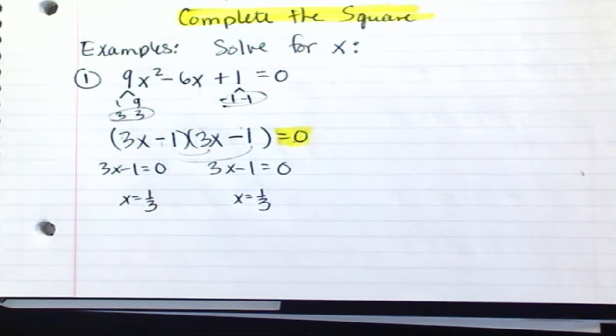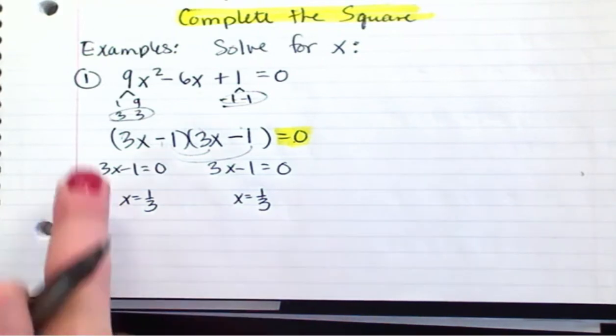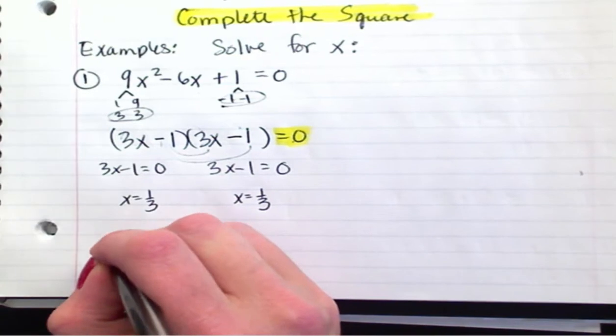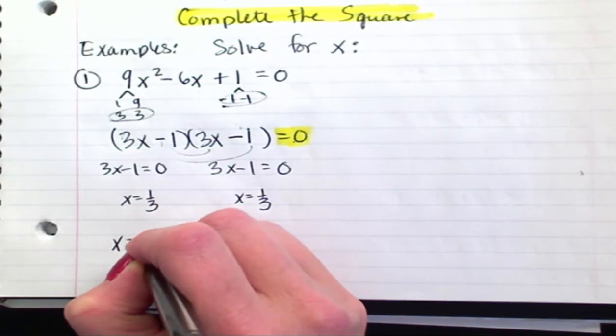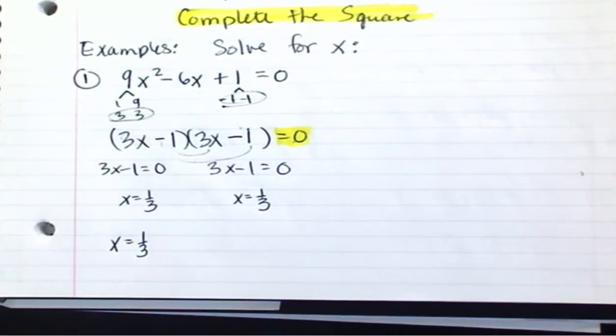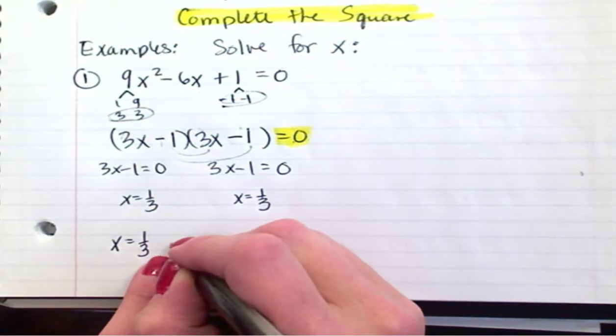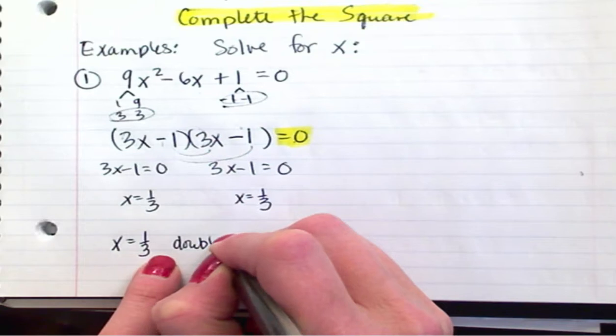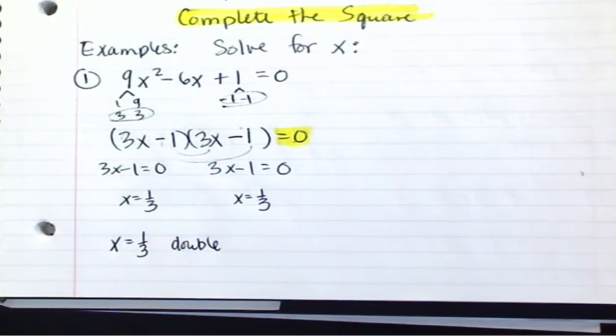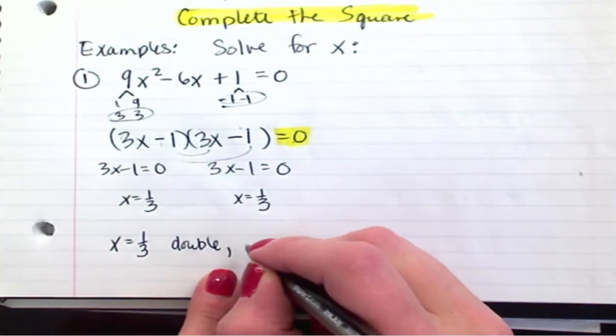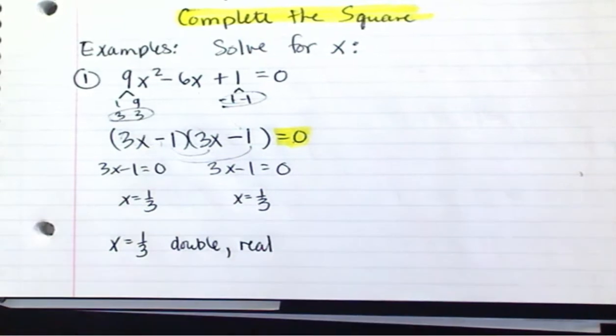How many answers did I get? Technically 1 answer, but it showed up twice, right? 1 per factor. And so x equals 1/3. And I'm going to put some vocabulary words with it. I'm going to say double because it showed up twice. I'm going to call it a real number because it's not imaginary, right?